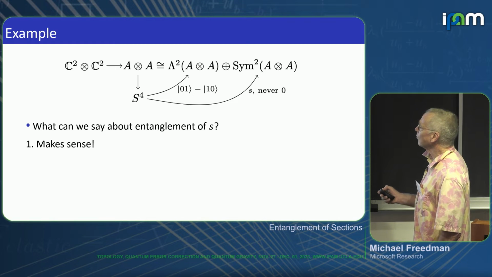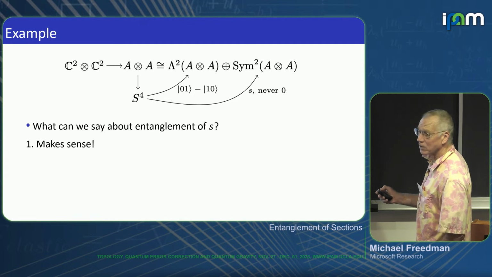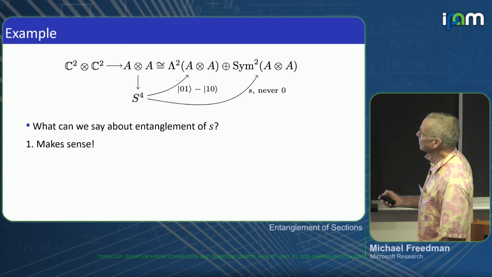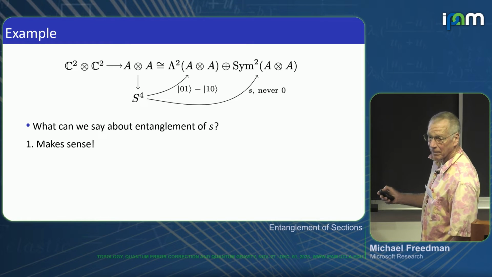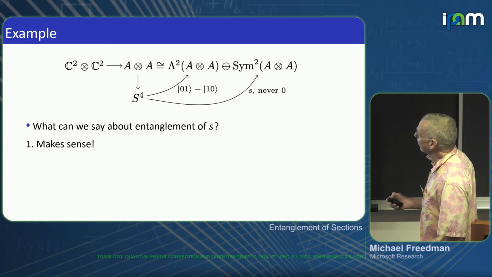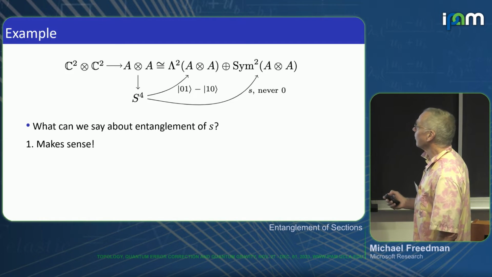And it's natural to break it up into its antisymmetric and symmetric parts. The antisymmetric part is one-dimensional, spanned by the singlet. So that has a very natural section, which is just up-down minus down-up. That's a trivial bundle, one-dimensional. And now we're left over with this 3 complex dimensional bundle, the symmetric part.